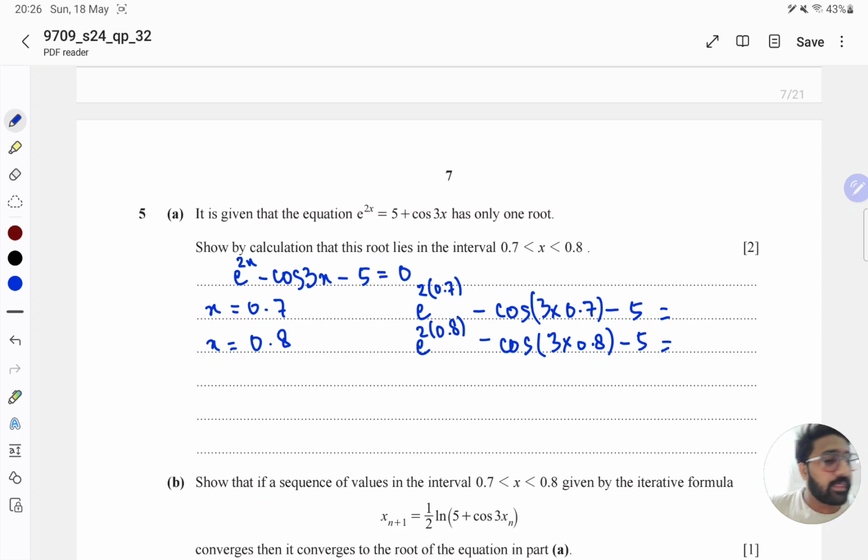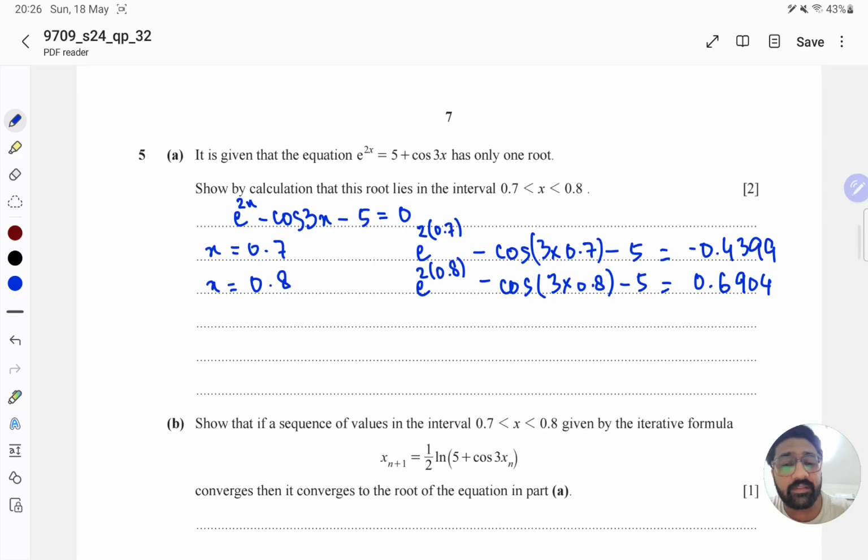It will give me the value of the first one as negative 0.4399, and for the other one it will give me the value of 0.6904. Now since the signs are changing, one answer is positive and the other is negative, between 0.7 and 0.8, it means that there is only one root that lies between this interval.